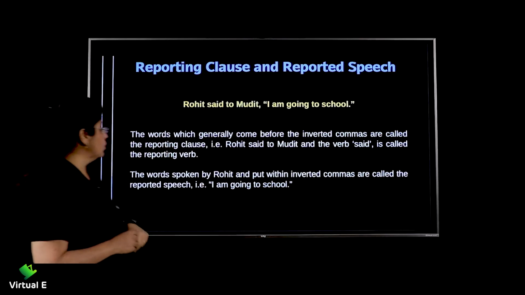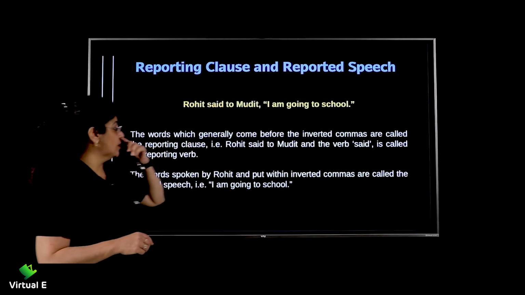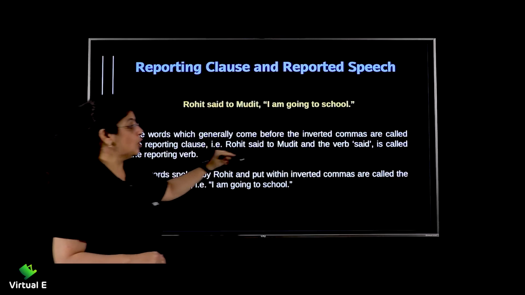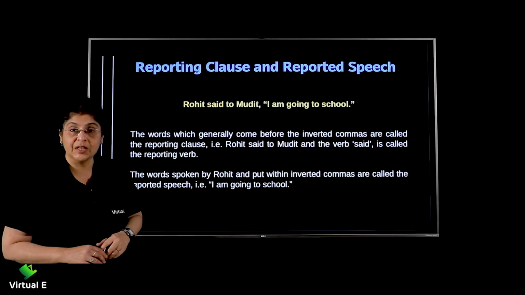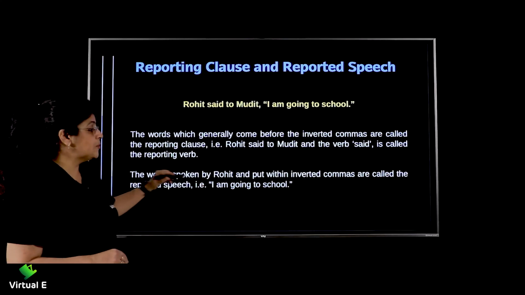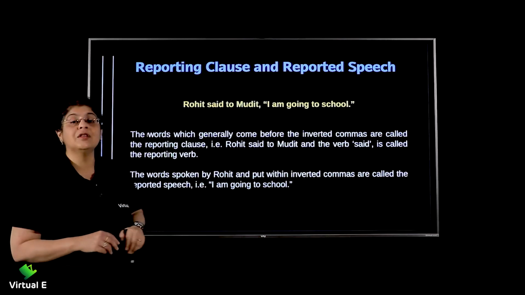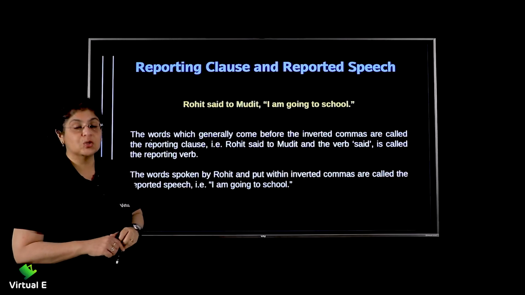"I am going to school." Now, the words which generally come before the inverted commas are called the reporting clause. We just spoke of it: Rohit said to Mudit. And the verb said is called the reporting verb. The words spoken by Rohit, put within the inverted commas, are called the reported speech. That is, "I am going to school."